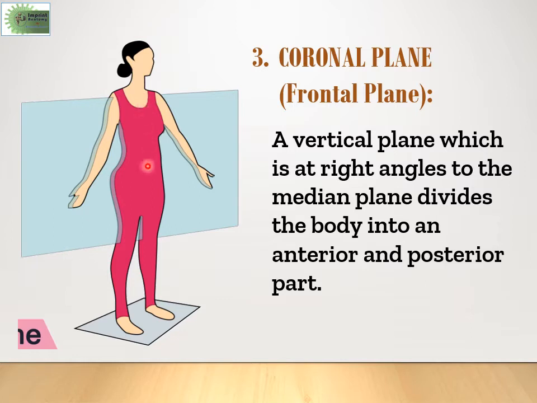This is the median plane and this is the coronal plane, which divides the body into two parts: the front part is called the anterior and behind the coronal plane is called the posterior. So the coronal plane divides the body into front and back, that is, in anatomical terminology, anterior, and behind is posterior.